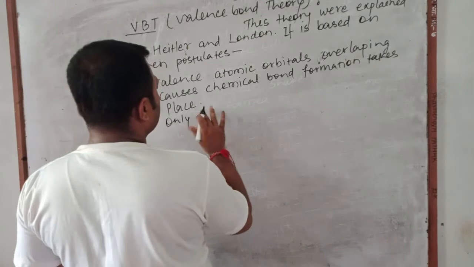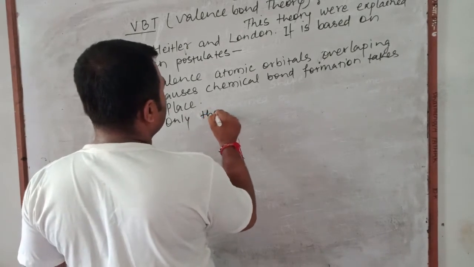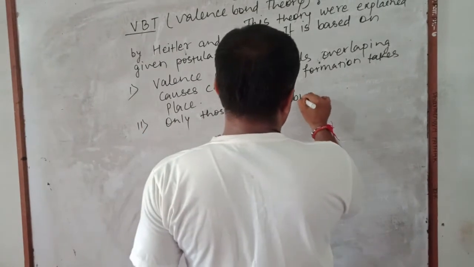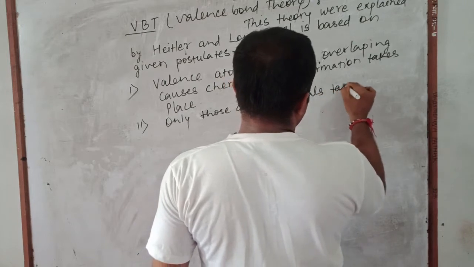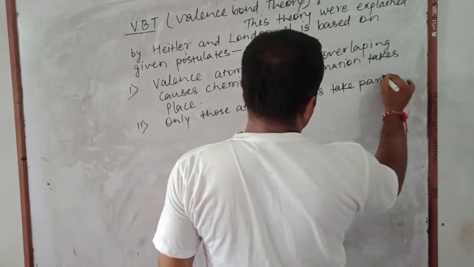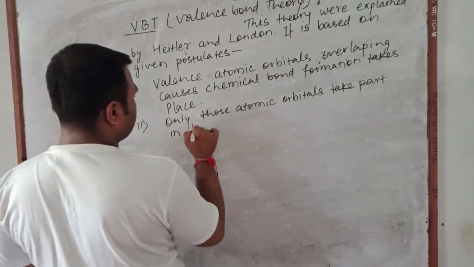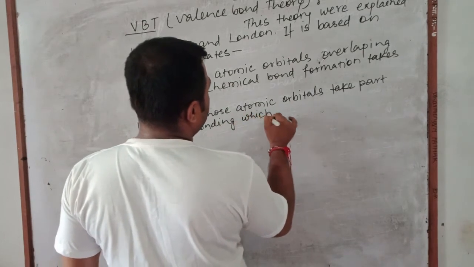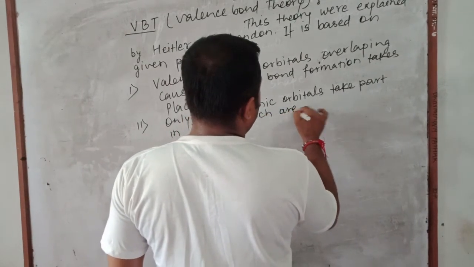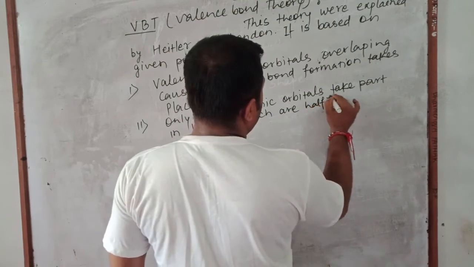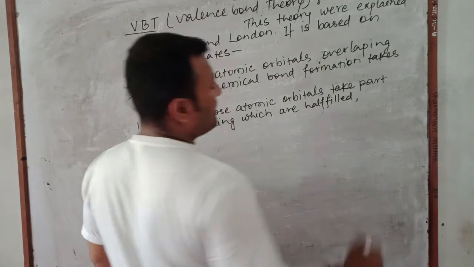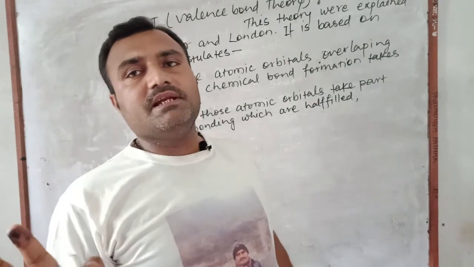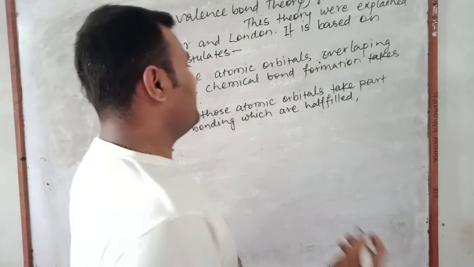Only those atomic orbitals which are half filled take part in bonding. Atomic orbitals can hold 2 electrons, and if it is half filled, then only it participates in bonding.